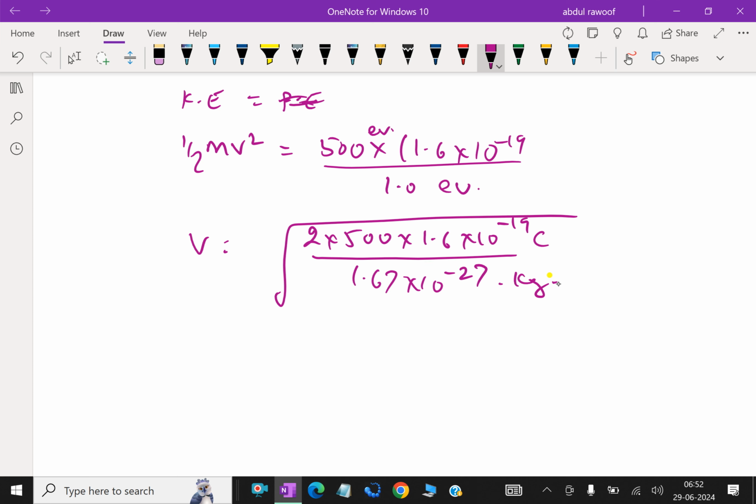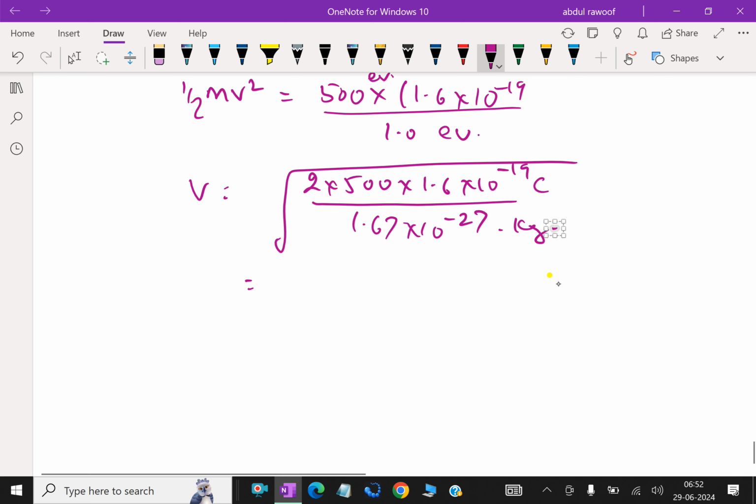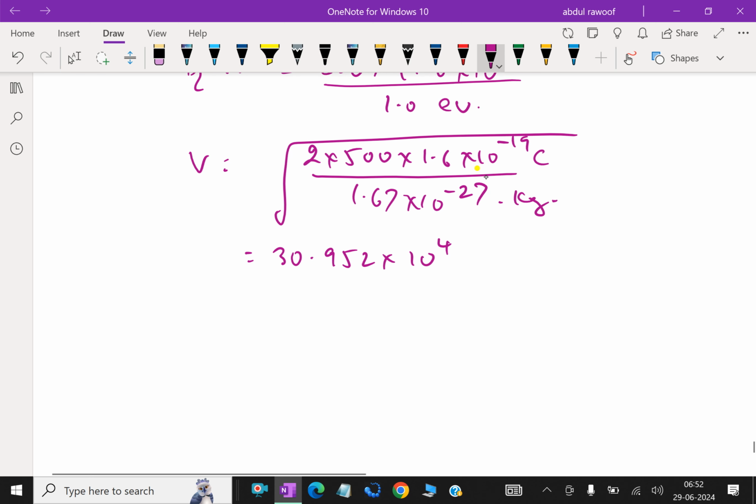Then this equals 30.952 into 10 power, minus 19 plus 27 is 10 power positive 8. Taking the square root, 10 power 4, which is further equal to 3.0952 into 10 power 5 meter per second, the speed of one proton.